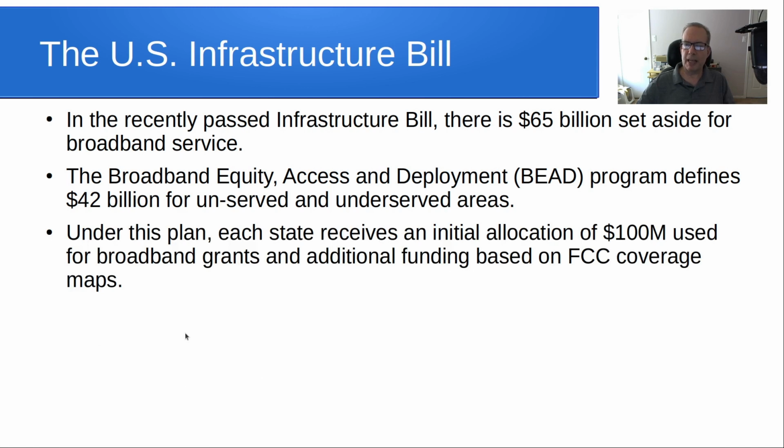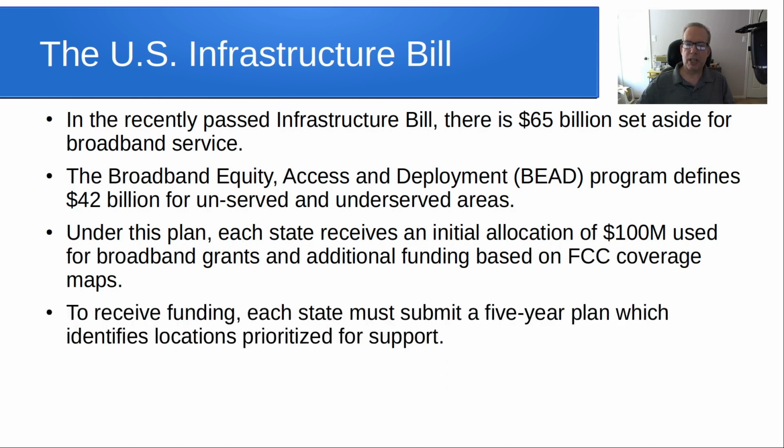So under this plan, each state receives an initial allocation of $100 million, which is used for broadband grants, and also additional funding based on the traditional FCC coverage maps. To receive funding, each state has to submit a 5-year plan that is supposed to identify the locations that are unserved or underserved and therefore prioritized for support.